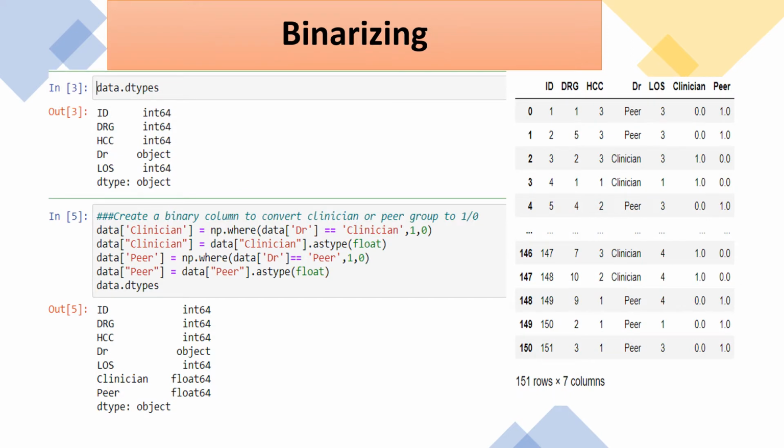In the second step, we have to binarize the column related to the clinician and peers with 0 and 1. And also we have to add one column for each, totally two columns, to our data. And at the end, we have to change the type of data from object to float.